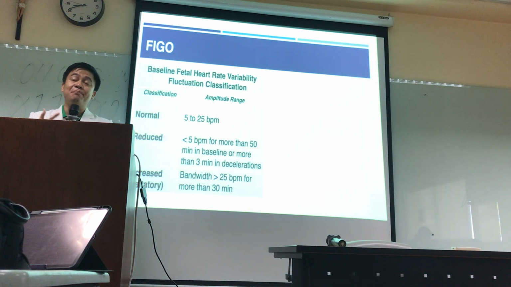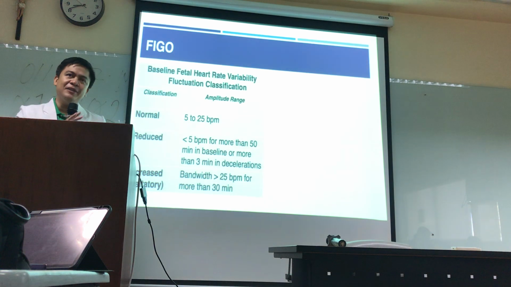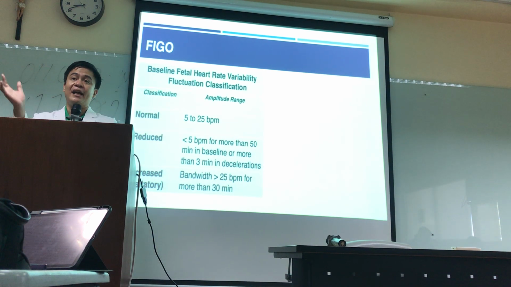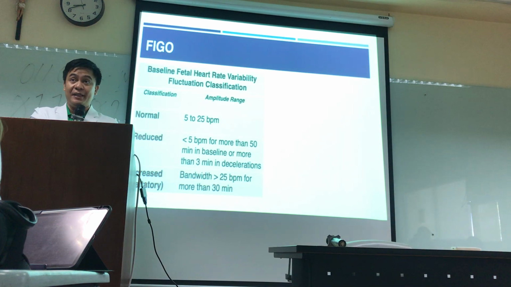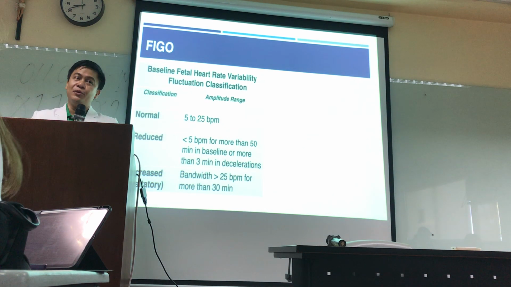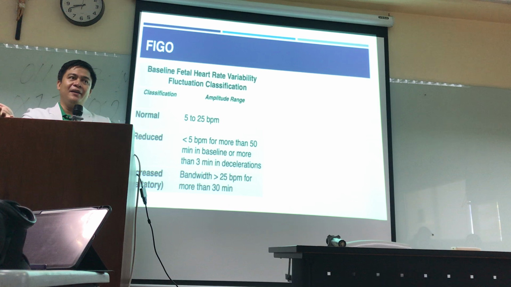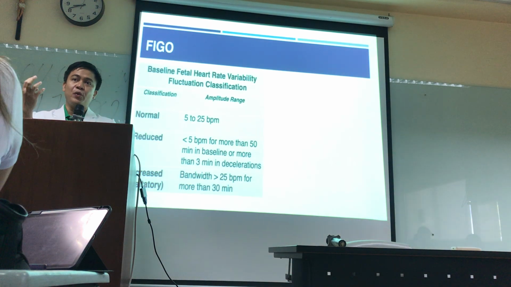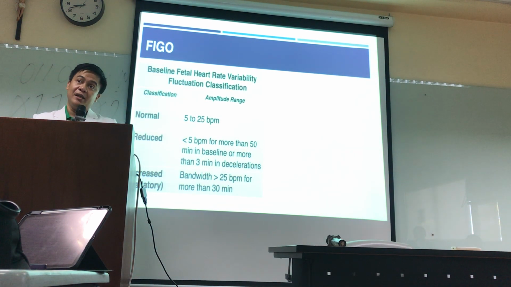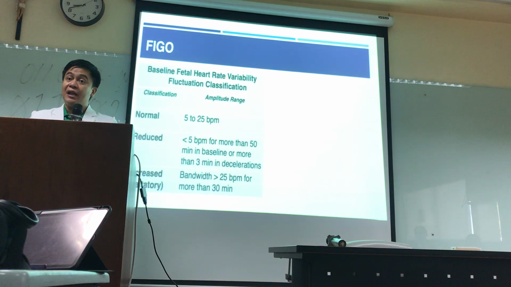So it could also be a sign of fetal acidemia, but hindi siya well established as opposed to your decreased fetal variability. Maybe you can study the outcome of patients with marked variability, pwede yung study kung ano ba talaga yung effect niya sa fetal outcome.